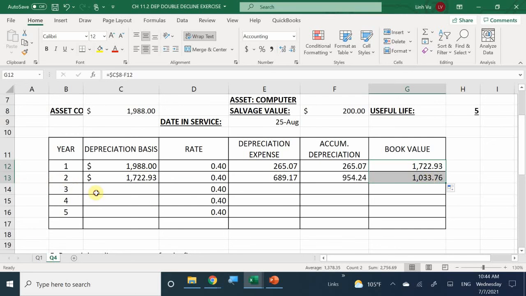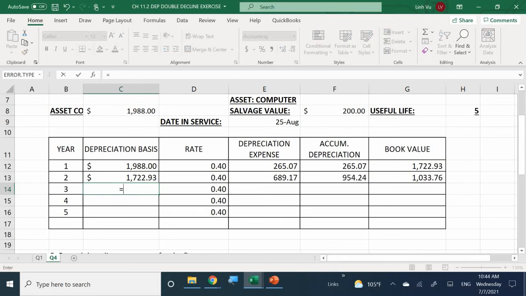Okay. So then what's my book value for year 3? $1,033.76. Okay.